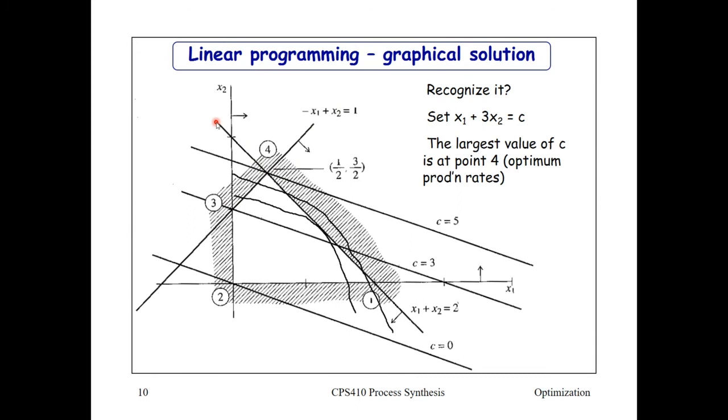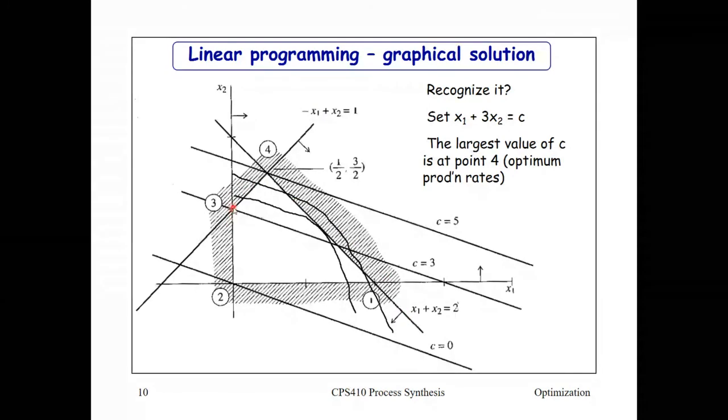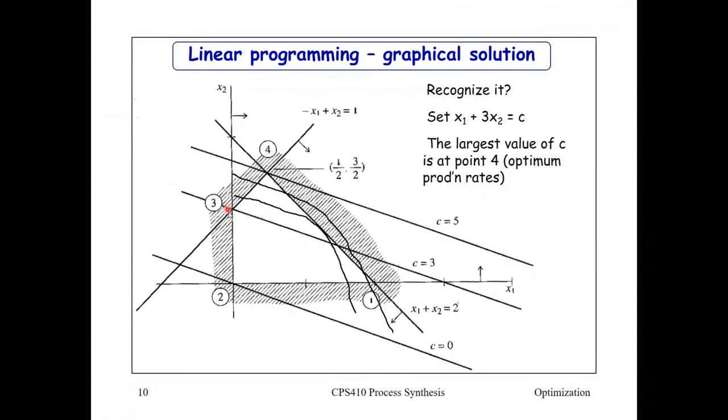Here is the reactor constraint, which says that you can't have more than 2 tons going through the reactor. And so if the optimum had been over here, then the slack variable for the reactor would have been non-zero.